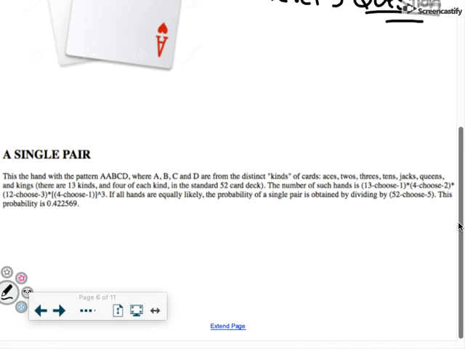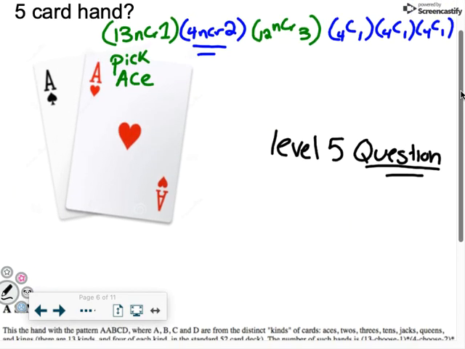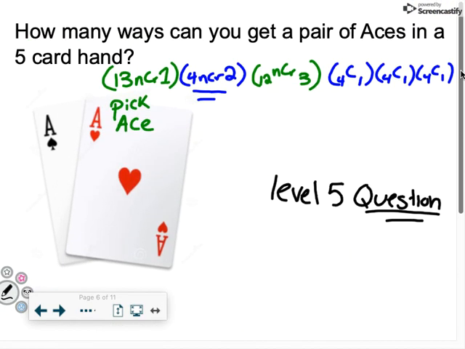So the probability is about 0.422. And the way we could find that total, right, is by multiplying all of these values together. So again, fun challenge problem, not one that you need to exactly know how to do, just a fun little one.